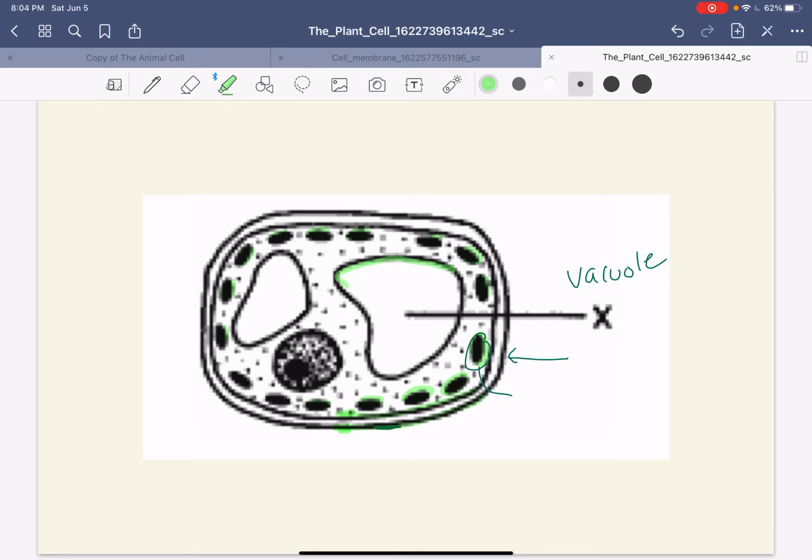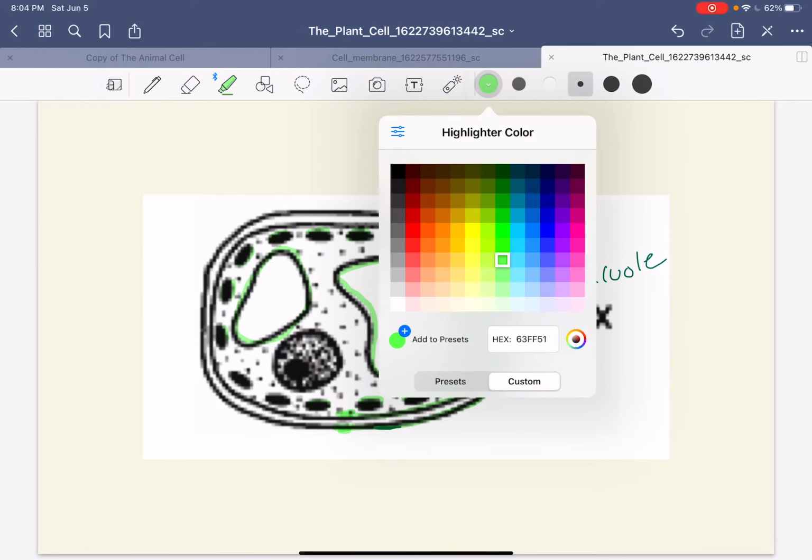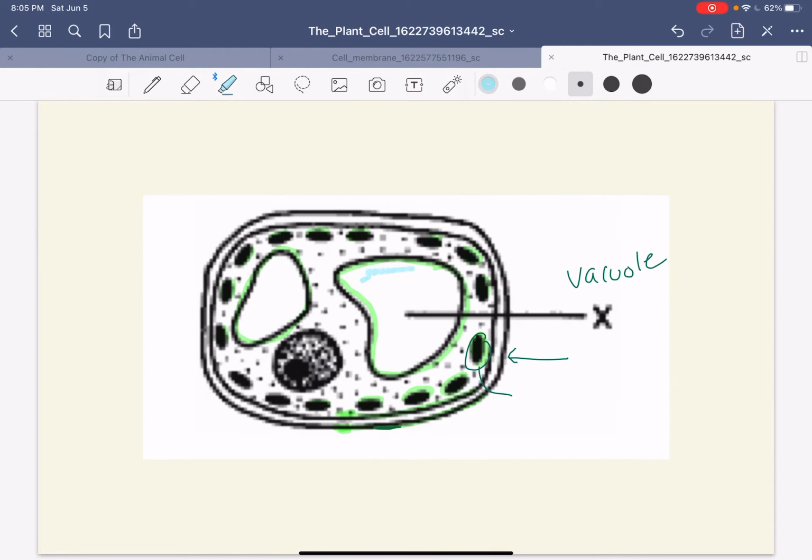And then here you have, here's a big clue, this huge central vacuole. The central vacuoles, guys. And I like coloring them blue because we know the color of water. I mean, water doesn't have color, but when we color in something that's supposed to be water, we usually do blue.